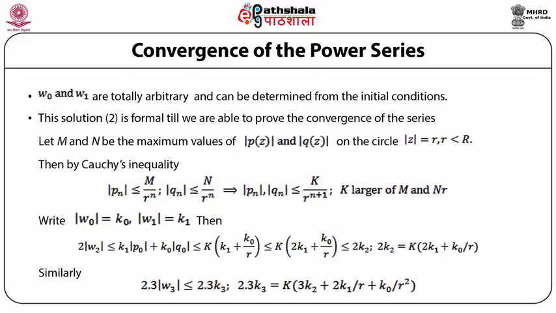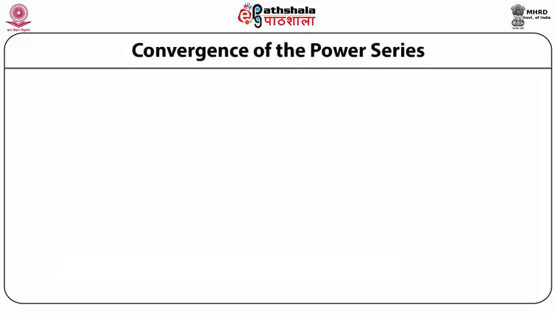Continuing in this fashion, we have modulus of c_n is less than or equal to k_n, where (n minus 1) n k_n is equal to capital K times within the brackets (n k_(n minus 1) plus (n minus 1) k_(n minus 2) divided by r plus so on till k0 divided by r raised to power n minus 1).